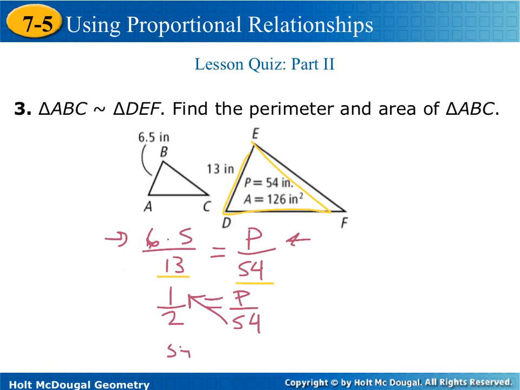So we get 54 is equal to 2P. What do we do next? Divide by 2. So what do we get for P? 54 divided by 2 is 27. 27 what? Inches.